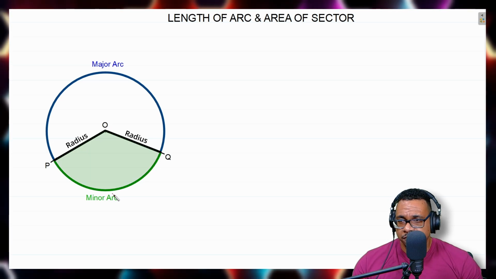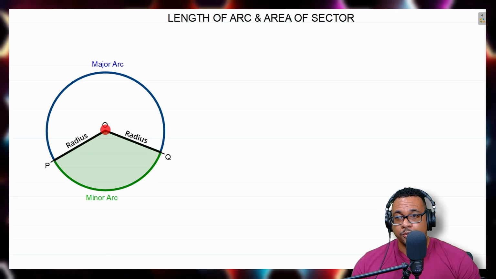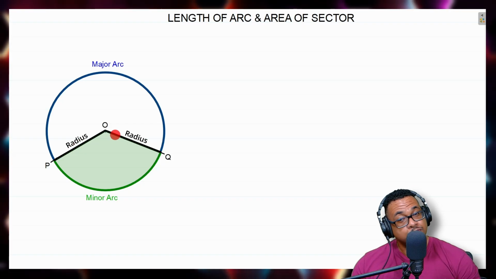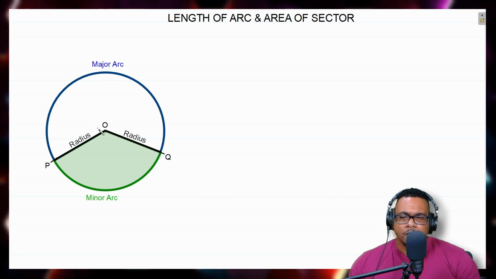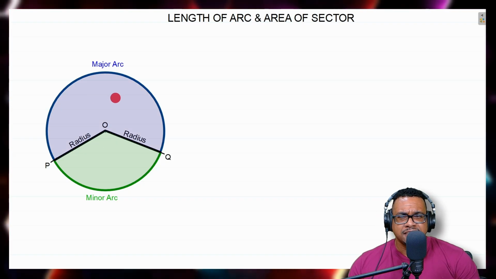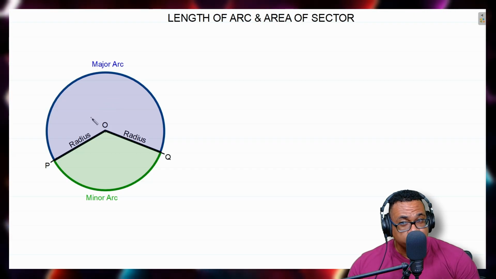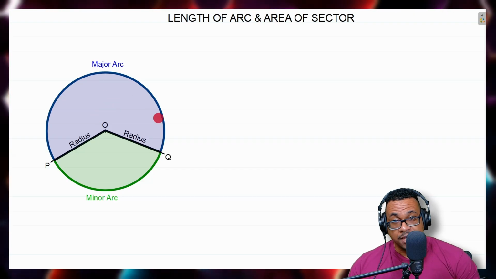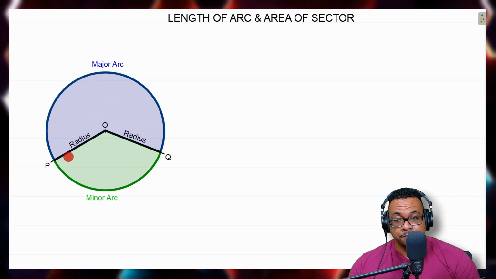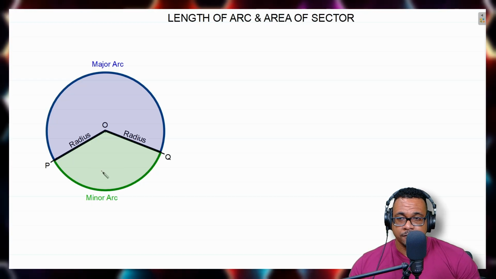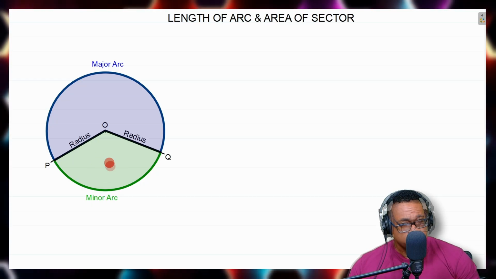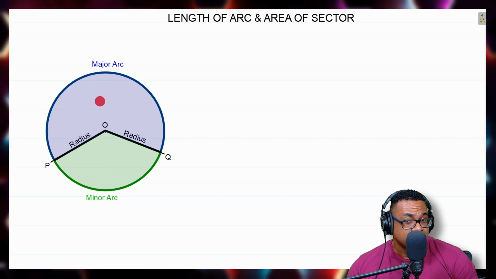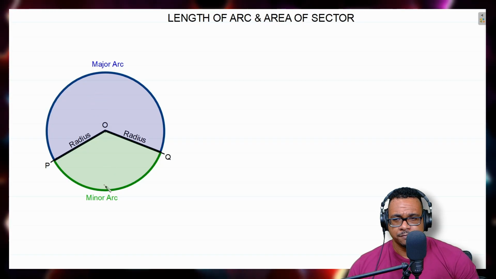Radii is plural for radius because we have P to O, which is the radius, and O to Q, which is also the radius. Now also on this side, we are seeing a larger piece of the area also bounded by the major arc and the radii. So that smaller area will be known as the minor sector, and the larger area will be known as the major sector.